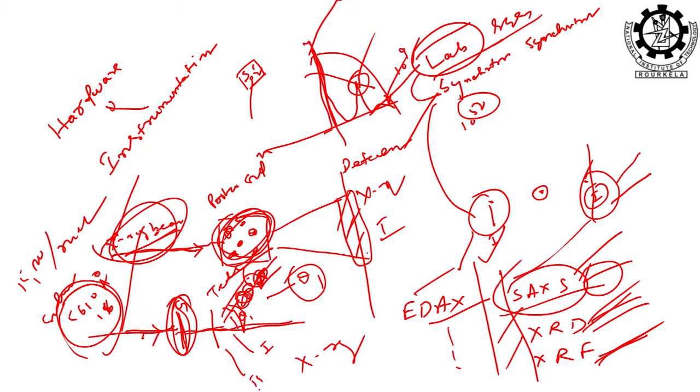This is visible, this is invisible, that is the only difference. But you have to know in what path the X-ray is coming. Otherwise, if your X-ray is coming in this path and you put your sample here, there is no diffraction, no scattering. The path of the X-ray coming from the source must be well defined, and on that path you have to put your sample.